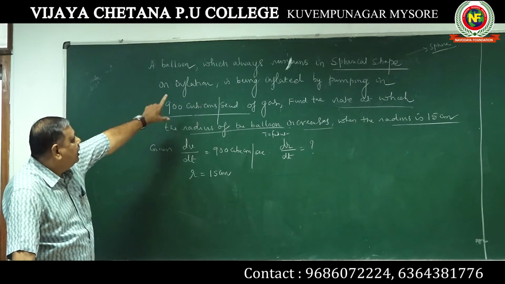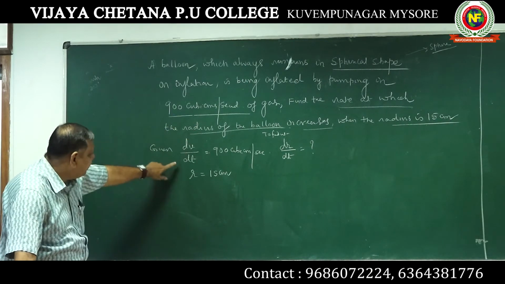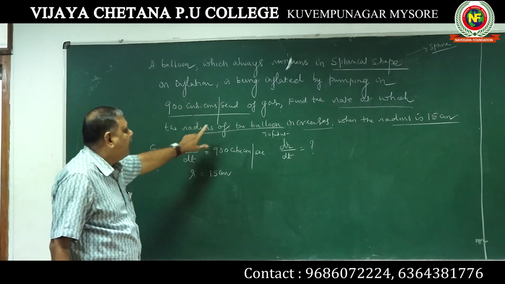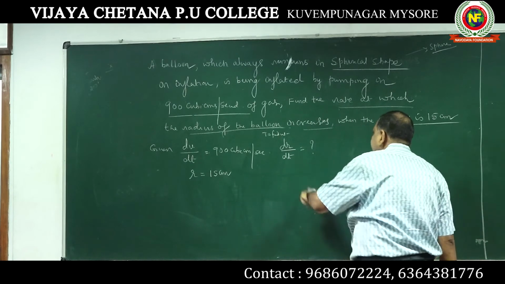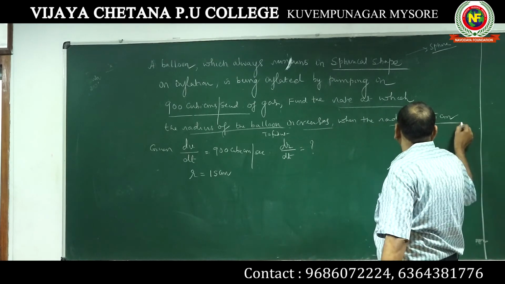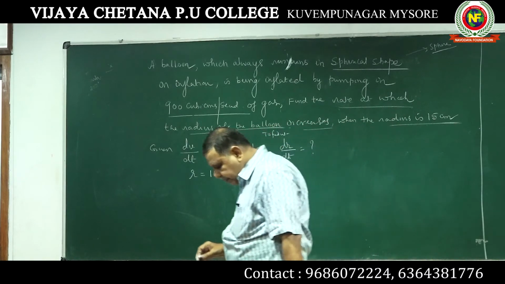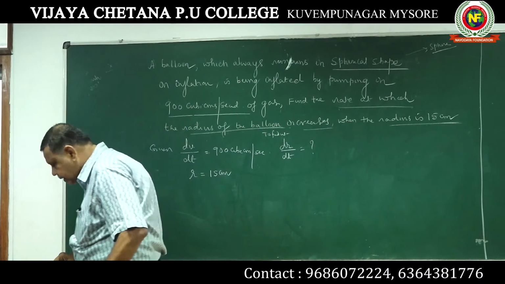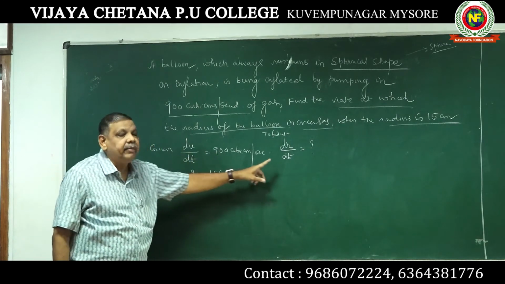Given he is being inflated pumping 900 cubic centimeters per second, dV by dt is given. You have to find the rate at which the radius increases, dr by dt. When r is 15 centimeter, dr by dt is so much when dV by dt is so much.